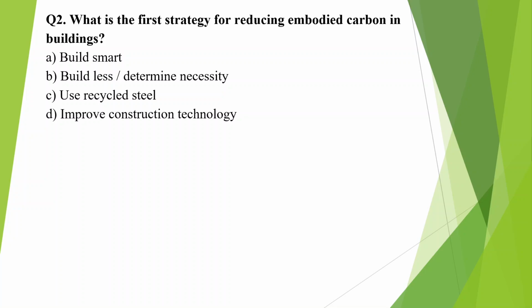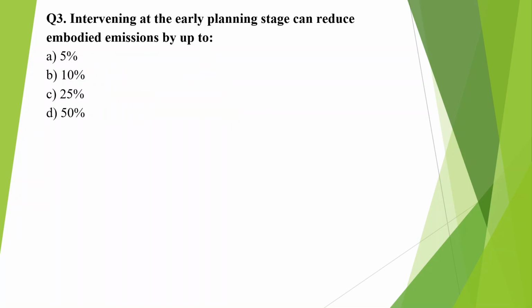The next stage is whether you are using recycled material, or improving the construction technology, or doing smart buildings and all. These are the upper level or next stages. The first, basic stage is to find out the necessity, or try to build as little as you can. This is the correct answer for question number two, and all of you have answered it correctly. Good. So let's move to the third question then.